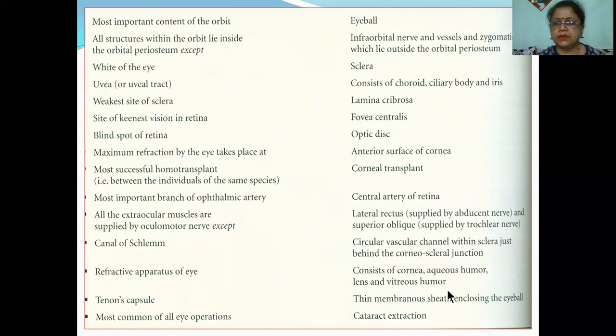Okay, this is a thin membranous sheet enclosing the eyeball. And the most common of all the operations is the cataract operation, cataract extraction. Okay, why? Can you tell me why? Because you've been hearing about it, and nowadays the cataract operation has evolved a lot compared to previous years.